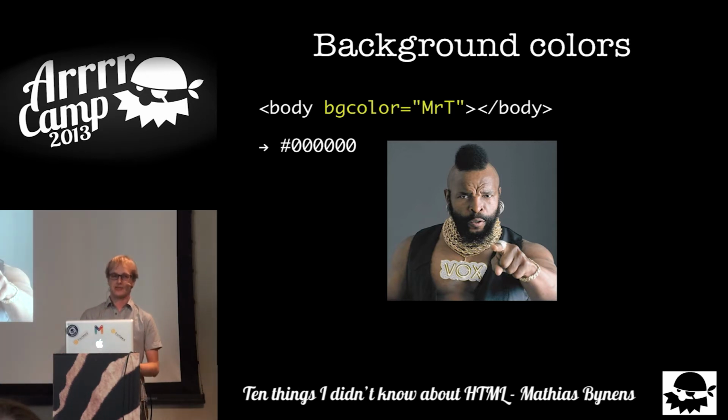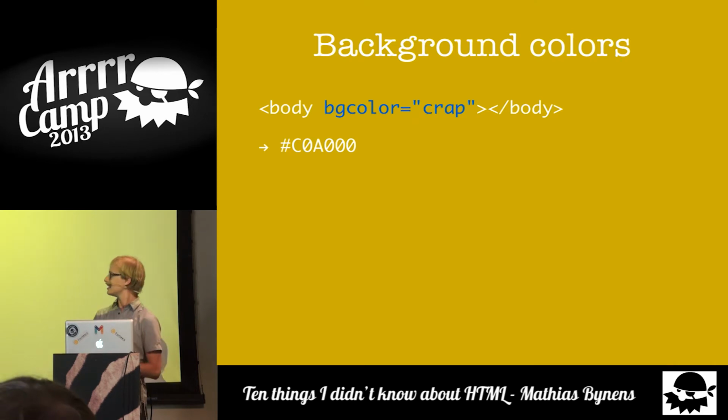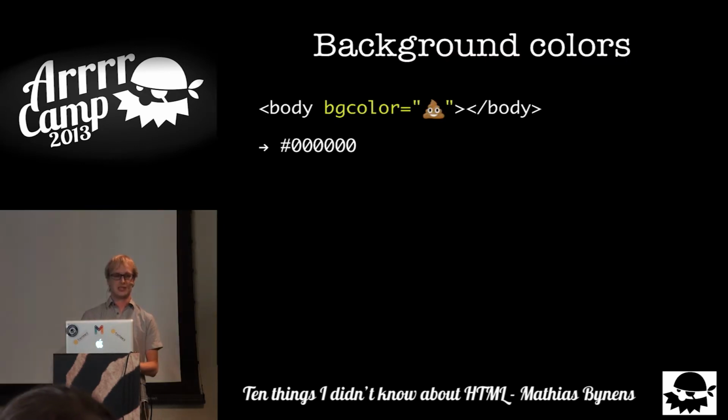Also, I noticed that if you use Chuck Norris, the browser will use the blood of Chuck's enemies to render the page. I'm not making this up. This is real. I also tried some other random stuff like crap, for example. Not sure how it looks through the projector, but it's like this yellowish brown color. However, if you're Zach Holman and you're using emoji instead, you get a black background.